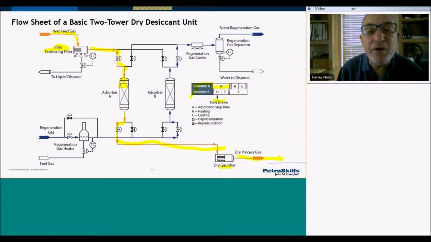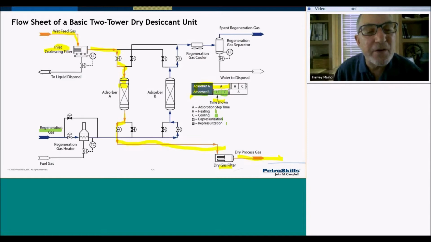And here, adsorbent B is in regeneration. And the regeneration cycle here consists of the depressurization, the heating, the cooling, and the repressurization. We don't show standby time in here, and I'll explain that in a moment. So in this cycle, vessel B is in the heating portion of the cycle.